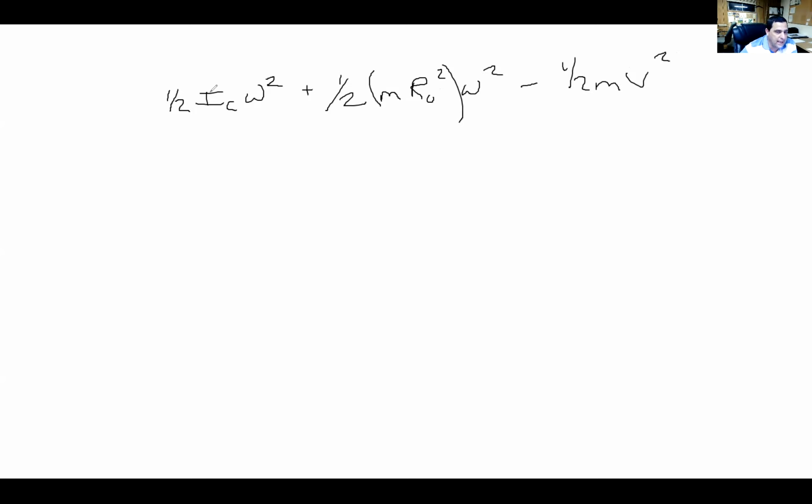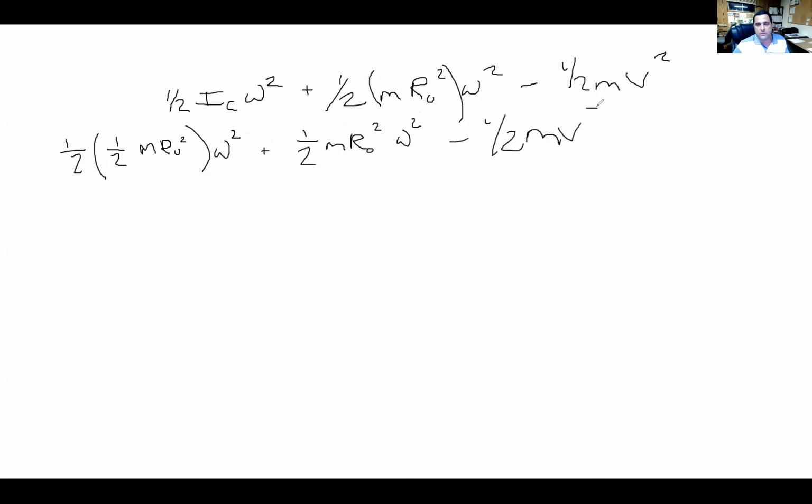So now plugging in for my moments of inertia for the cylinder, I get 1/2 times moment of inertia of the cylinder, m R0 squared, angular velocity squared, plus 1/2 m R0 squared, angular velocity squared, minus 1/2 mv squared.